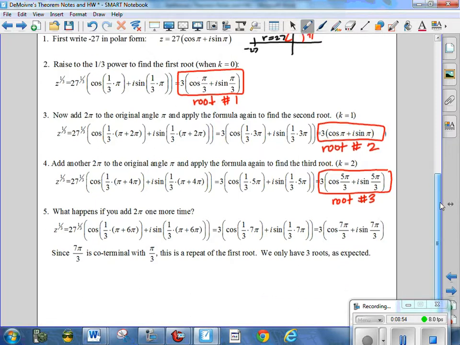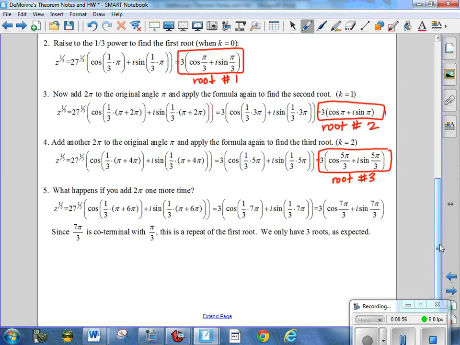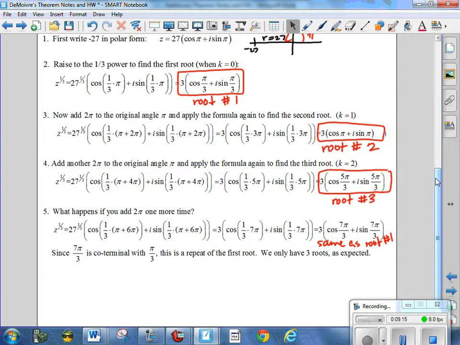It's coterminal, so this is the same as root number 1. So we basically started over again, and we don't need this one. This is what happens each time if you have an integer power: it'll just repeat itself. It'll go on top of itself.